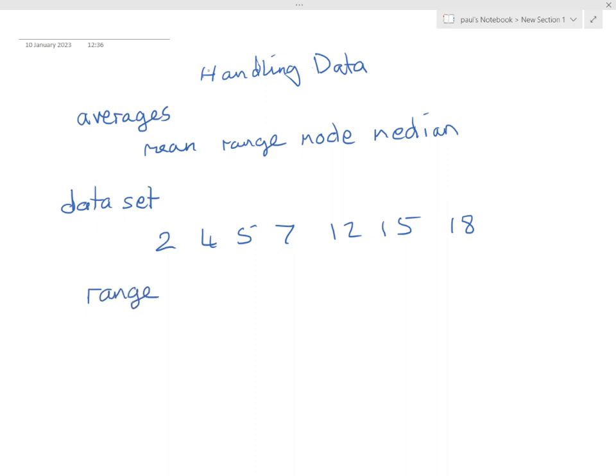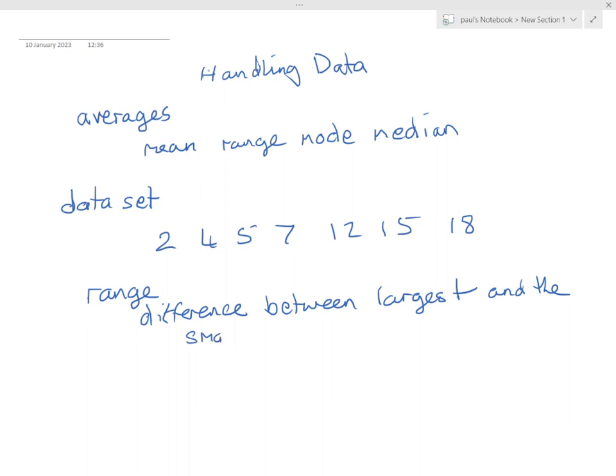The range is the difference between the largest and the smallest. In the data set above, the largest number is 18, the smallest is 2, and these are all in ascending order. You've got to put things in ascending order first, not necessarily for this, but definitely for ones that come later on. So the range there is 16.